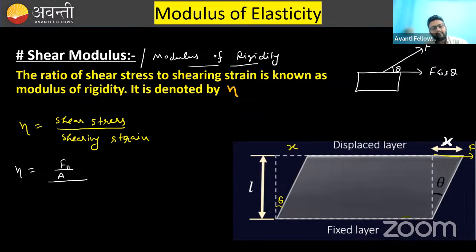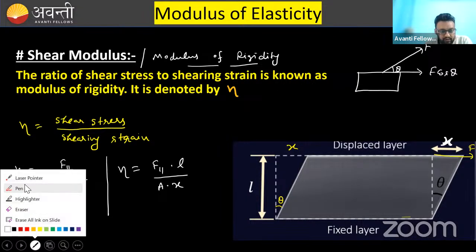Strain is what? I have told you that shearing strain is the angle theta. So tan theta will be x by L. So the shearing modulus will be F parallel into L divided by A into x.